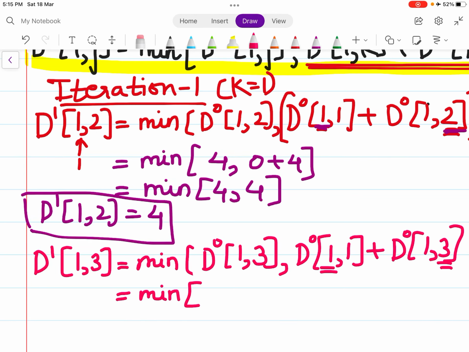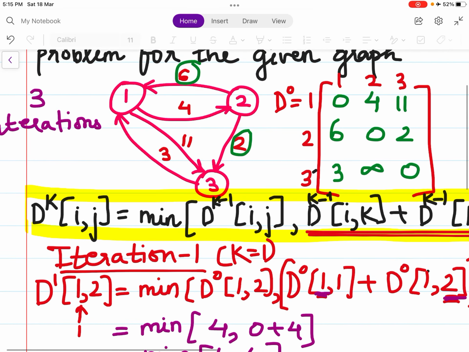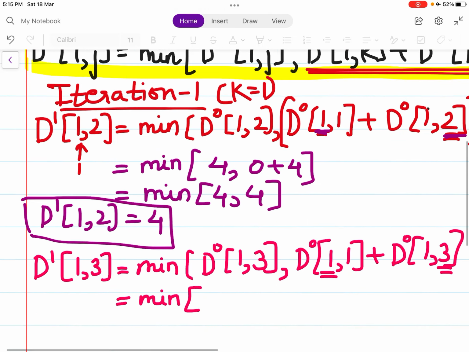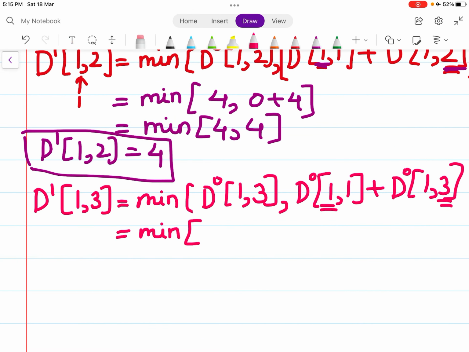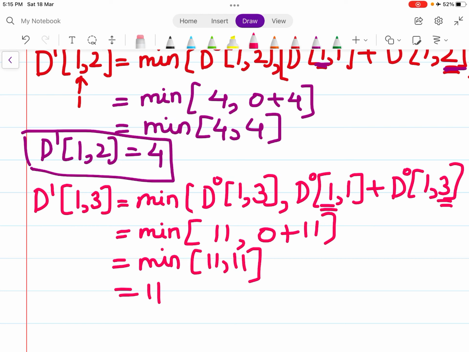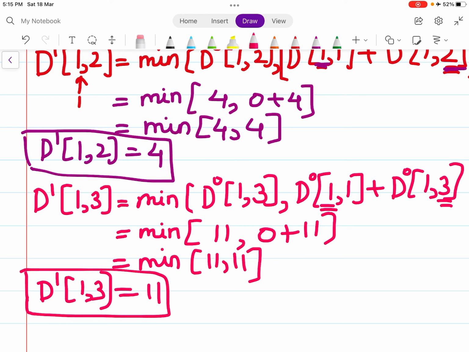So min of d0, 1 comma 3, which is 11. 1 comma 1 is 0 because there is no self loop, plus 1 comma 3 is 11. So min of 11 comma 11. So 11 is the answer for d1 of 1 comma 3.